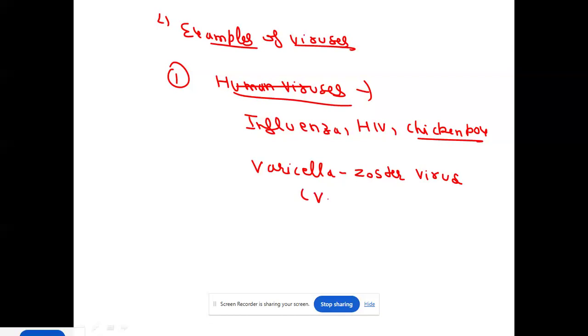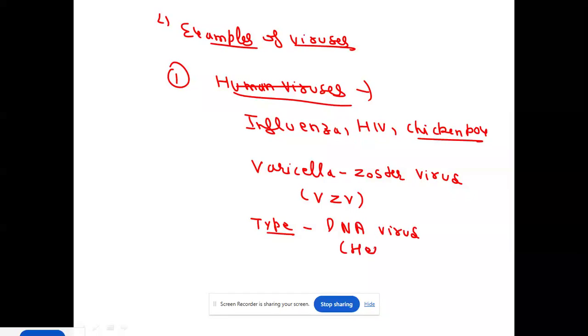In short, it is also called VZV. And what type of virus is it? It is a type of DNA virus, and it belongs to the herpes virus family. Varicella zoster virus, which causes the chickenpox disease. So that is a human virus.